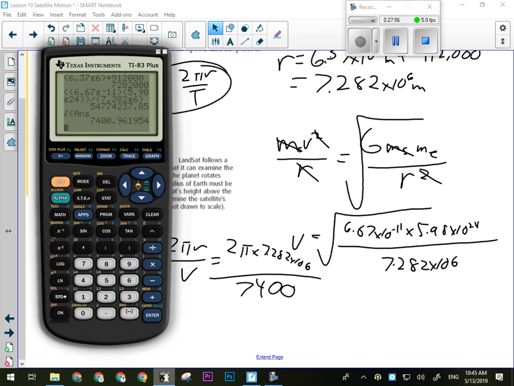So we could do it that way. It would take it 6,182 seconds to make one complete orbit.